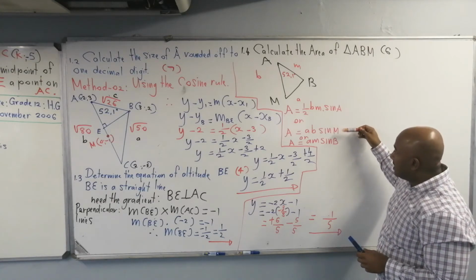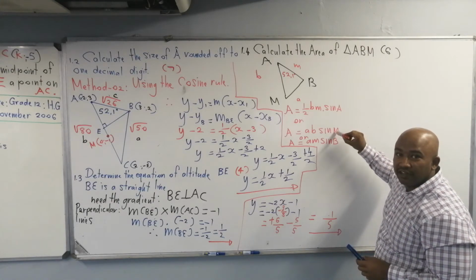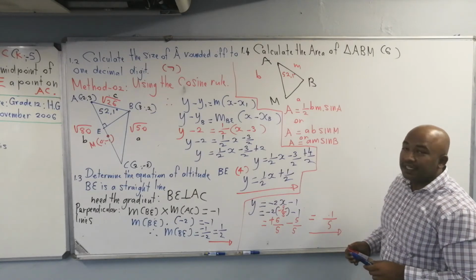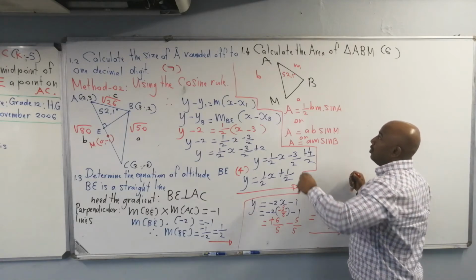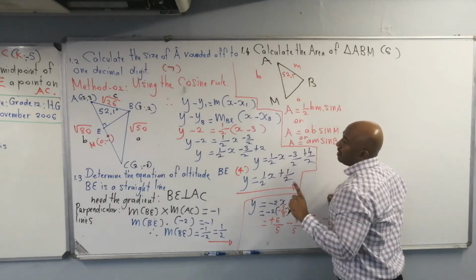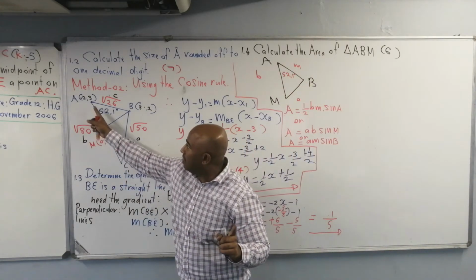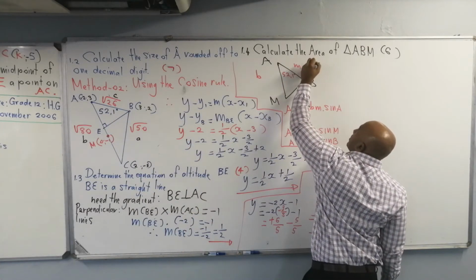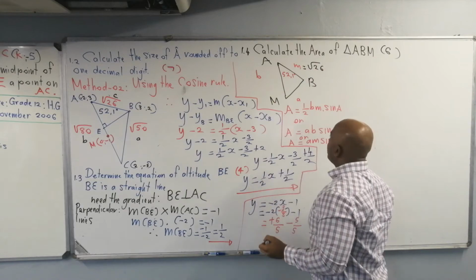Now, we will not use this one or this one because we do not have angle M, we do not have angle B, we do have angle A. We do have AB. Remember, we worked on AB, there's AB here. AB is the square root of 26.